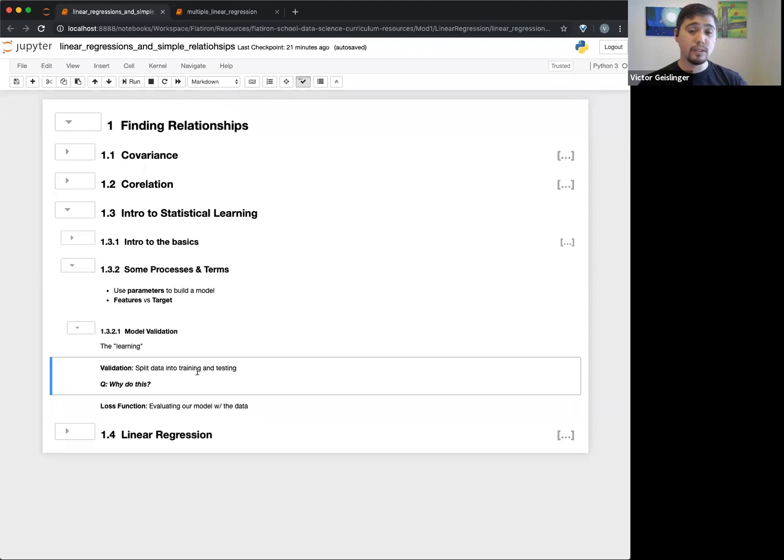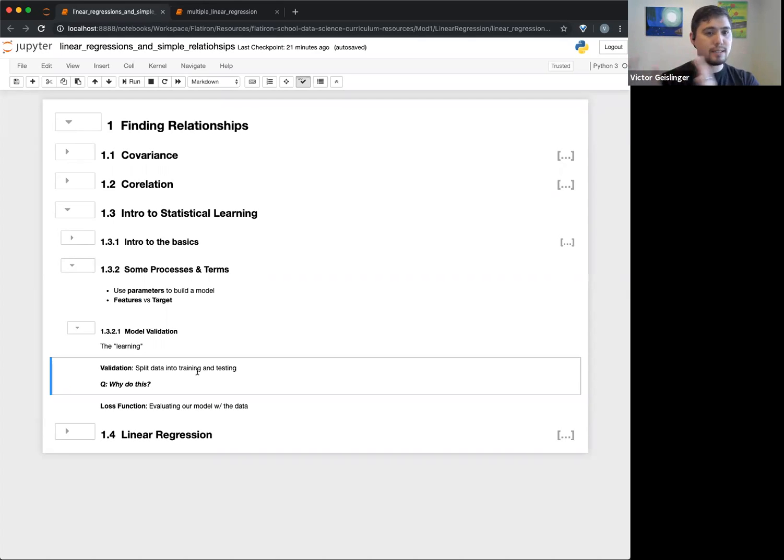So the idea with validation is that we split the data into training and testing, where we randomly pick enough of it so it's not exactly the same. We say, learn from this amount of data. Then, after learning from this data, you might iterate, practice, and tweak a little bit. Then you take the testing data and say, that's how we're really going to see how well you did.